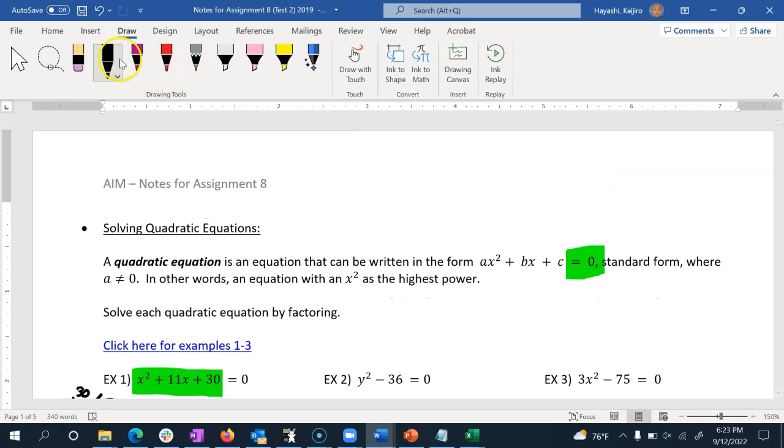So an equation like 2x plus 5 equals 0 is going to have one solution. An equation like x squared plus 11x plus 30 equals 0 has two solutions.